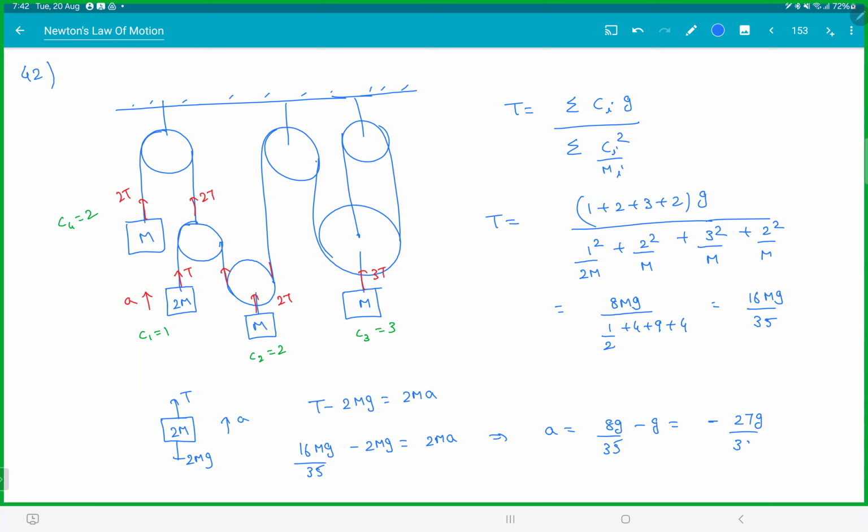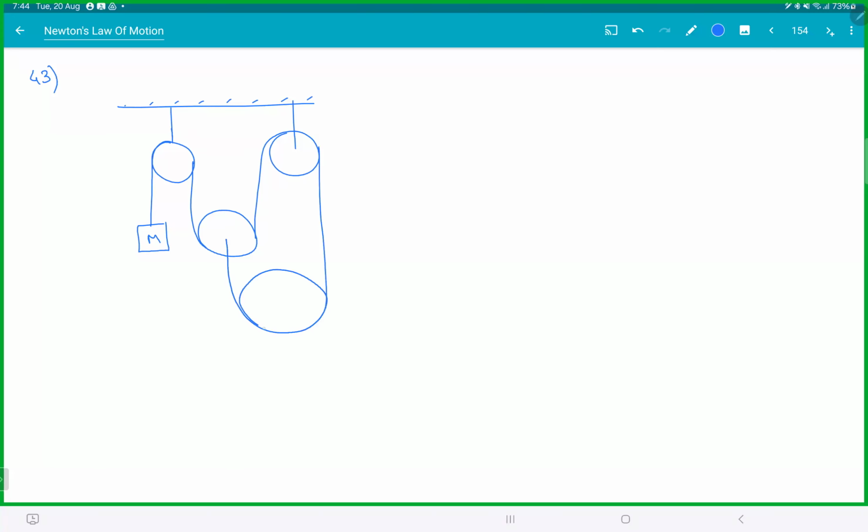Then, let's say we have a block M. Find the acceleration of the blocks.